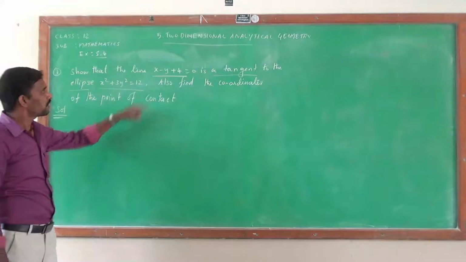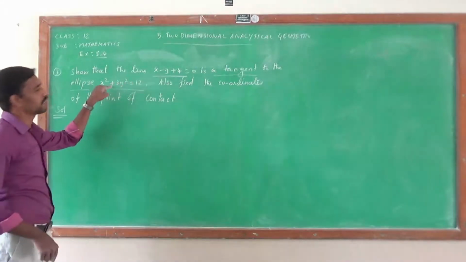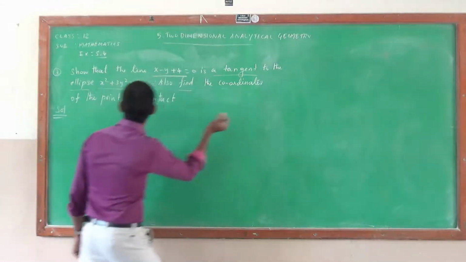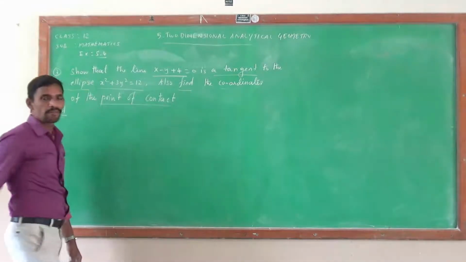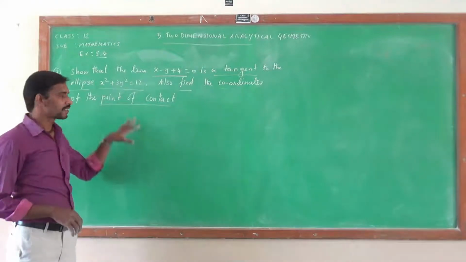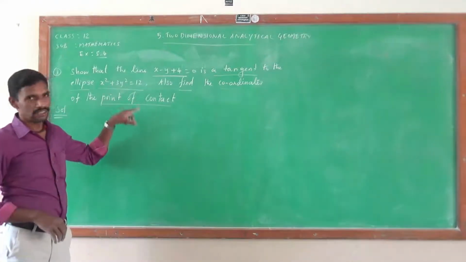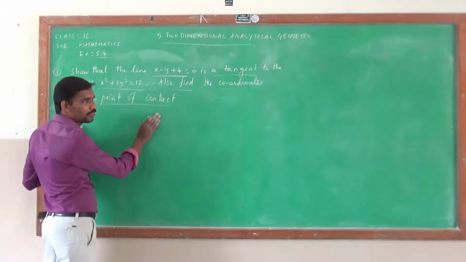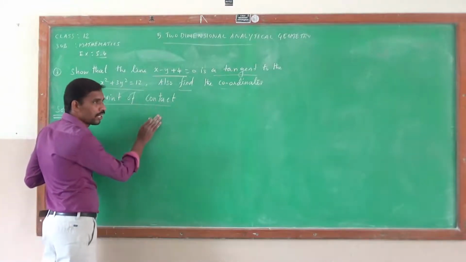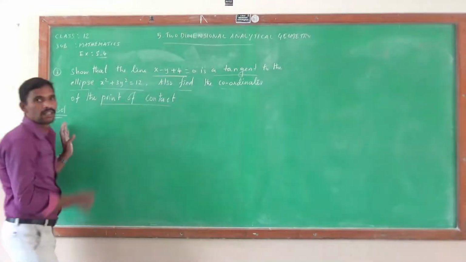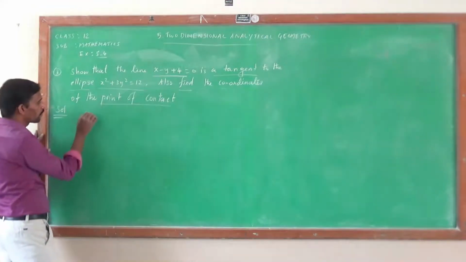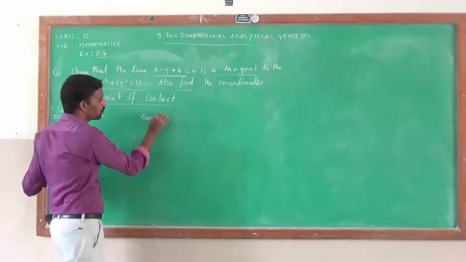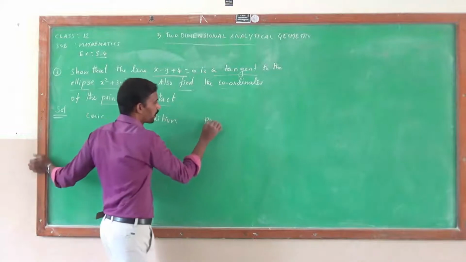So now we want to show that this line is a tangent to the given ellipse, and also find the coordinates of the point of contact. In the last video we learned the condition for a line to be a tangent to an ellipse, and then the point of contact.